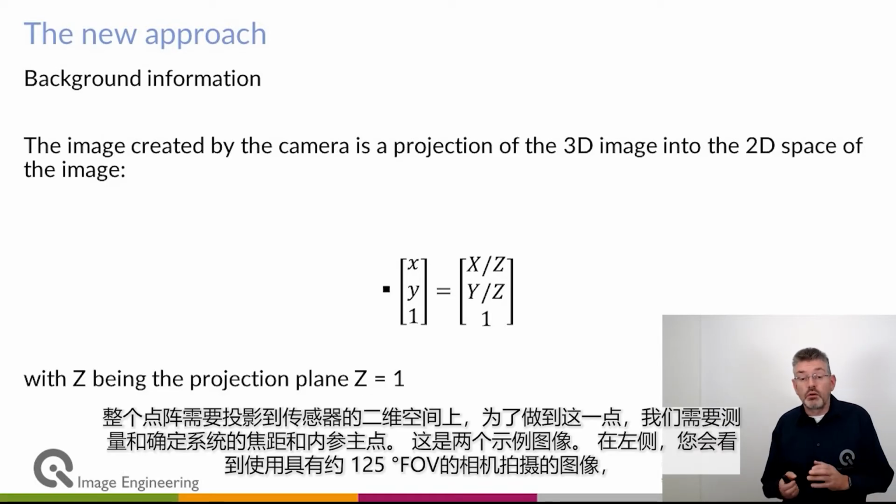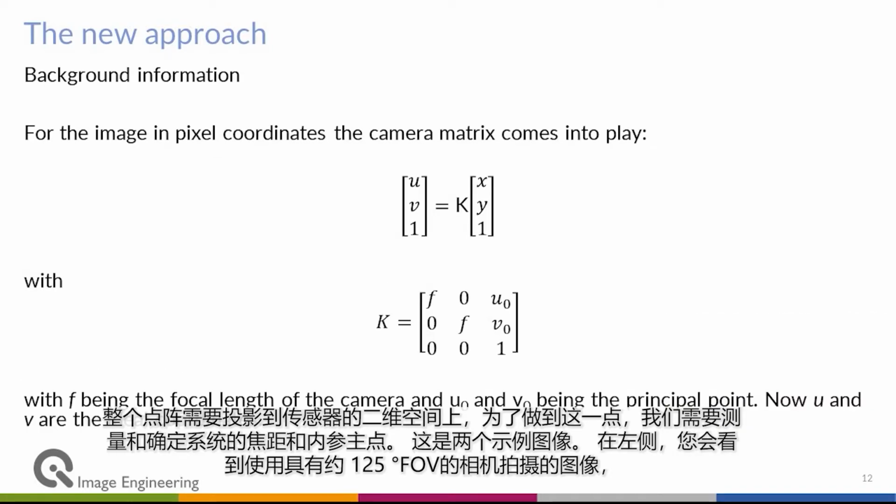After that, the whole thing needs to be projected onto the 2D space of our image sensor. In order to do that, we also need to know, or need to measure and determine, the focal length of the system and the principal point.